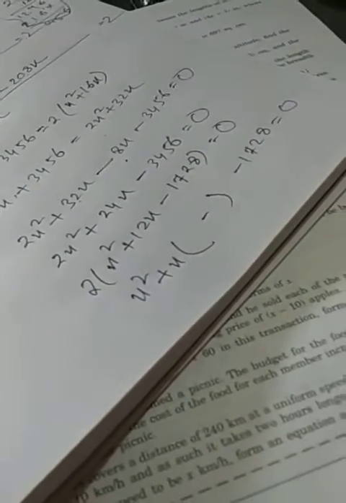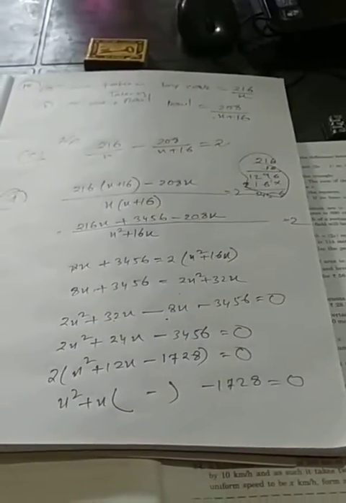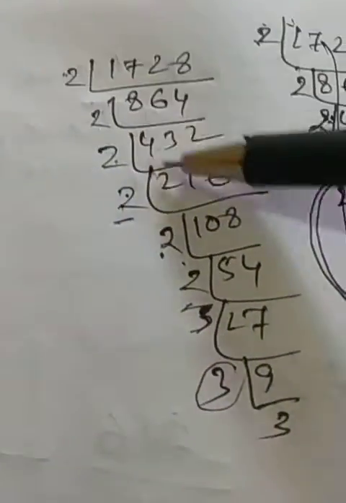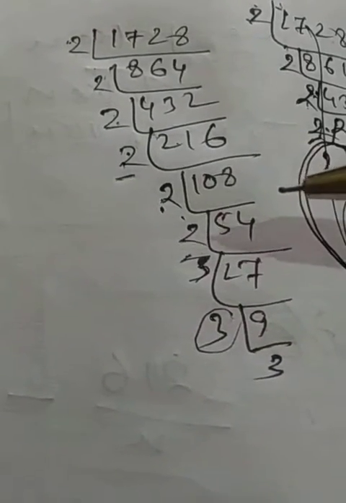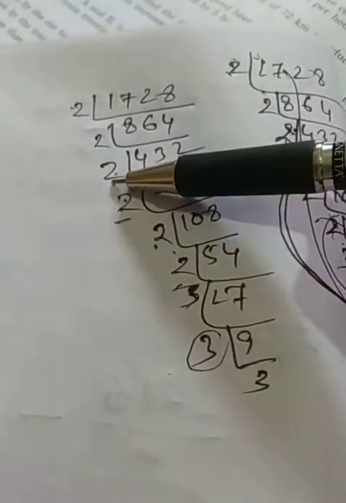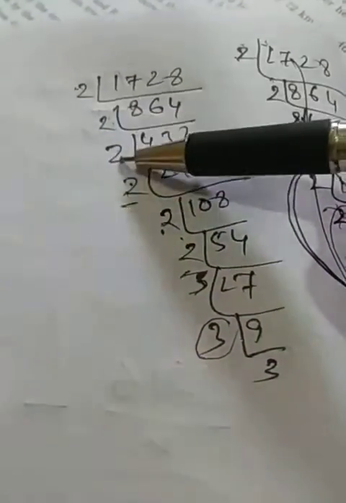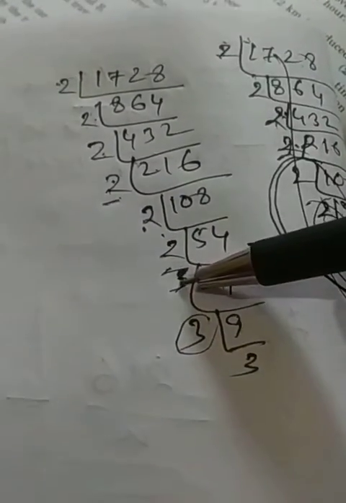Now find two numbers whose subtraction is giving 12 and multiplication is giving 1728. Once again, all of you are sleeping; try it yourself. After factorization you will get like this. So 2, 4, 8, 16, and again 16 times 3 is 48.